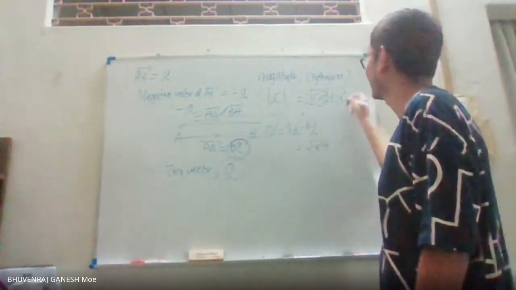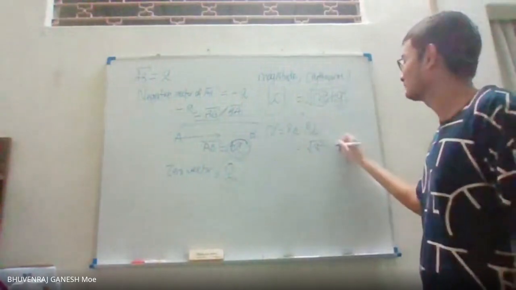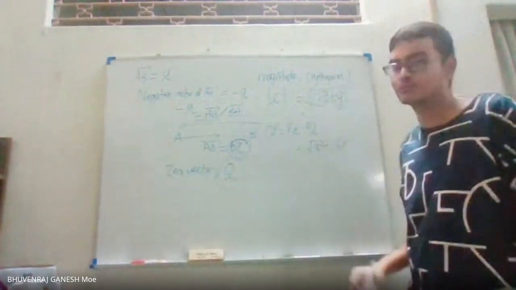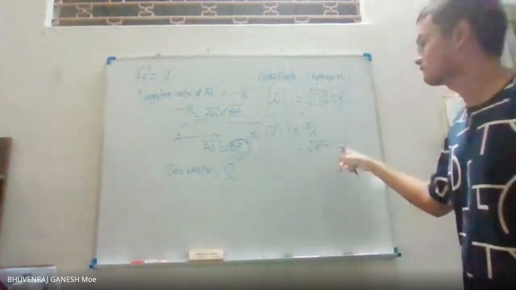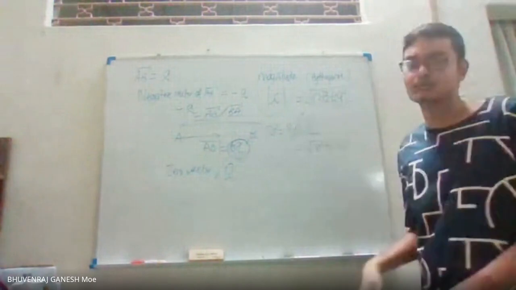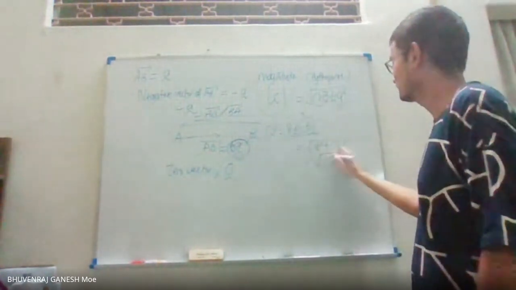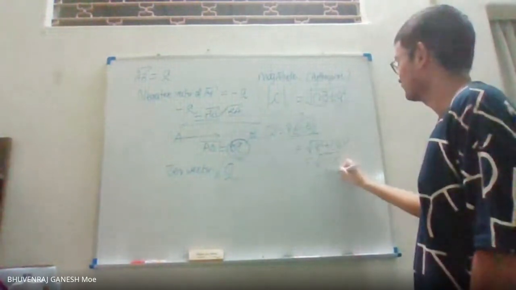And then y? 6 square. But it's safer to just put negative 6, negative 6 square. You still get the same thing, but for working's sake, put the negative sign, because I say 8i minus 6j. So you take the whole value. Finally, you will get square root 100, so your answer is 10 units.